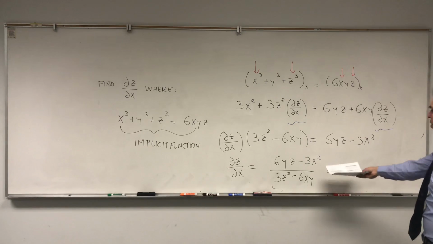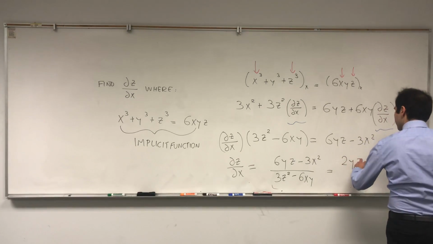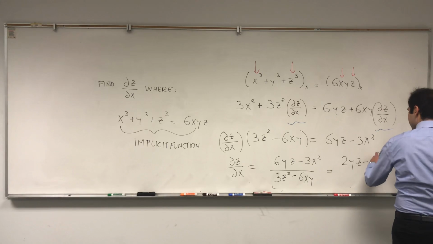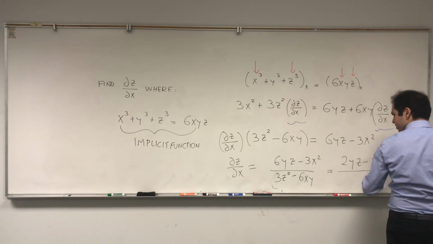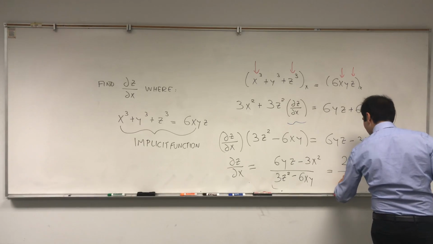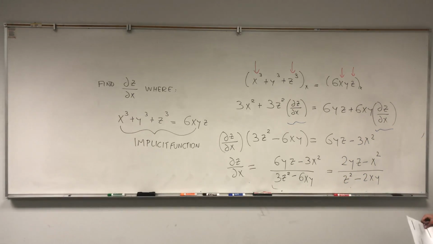And then, if you want, you can just simplify this a little bit. So 2yz minus x squared, over z squared minus 2xy. So that's one way of doing it.